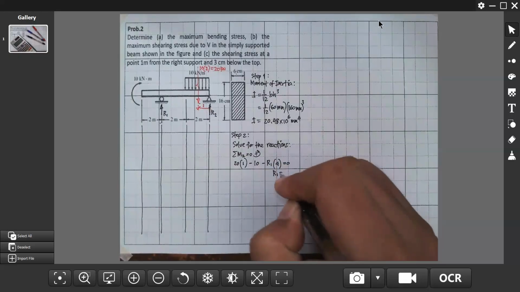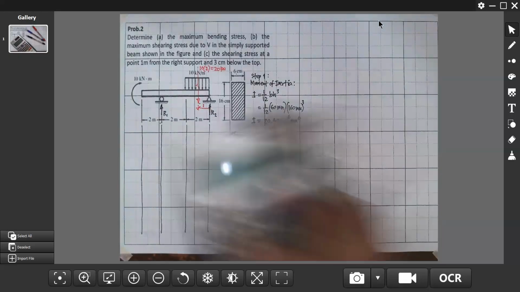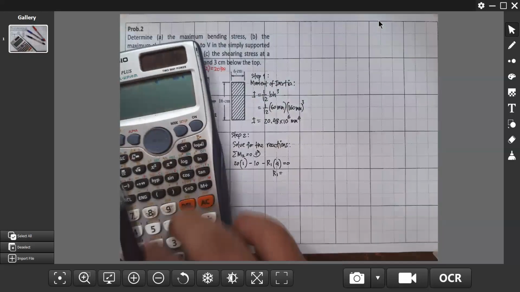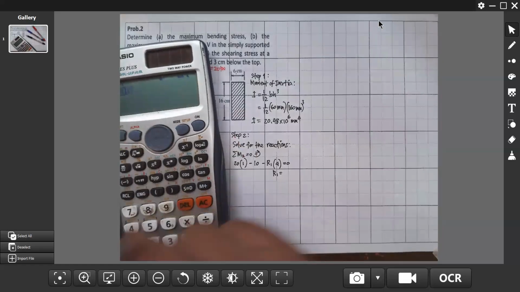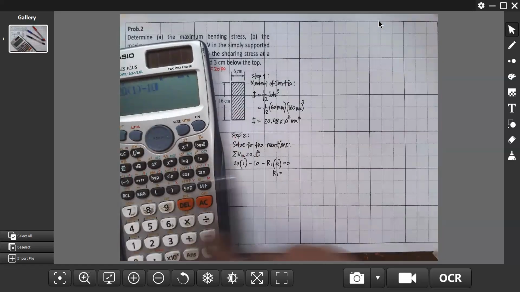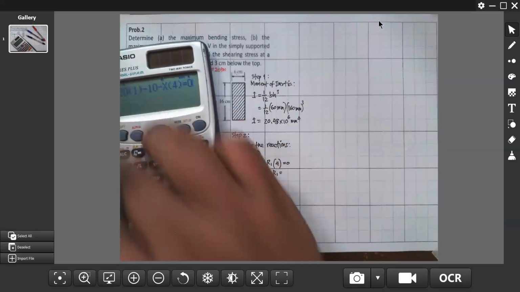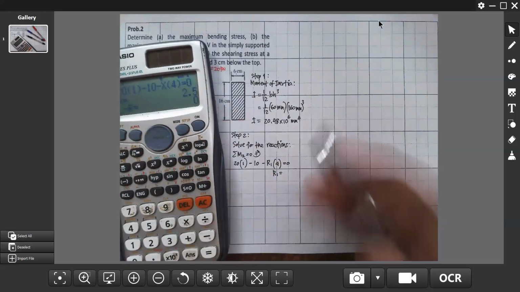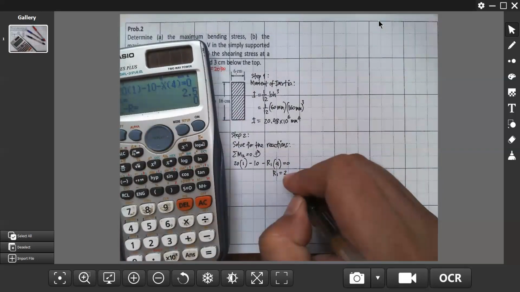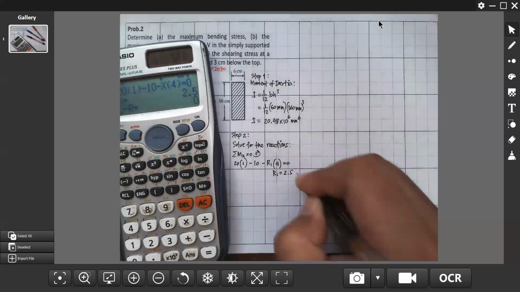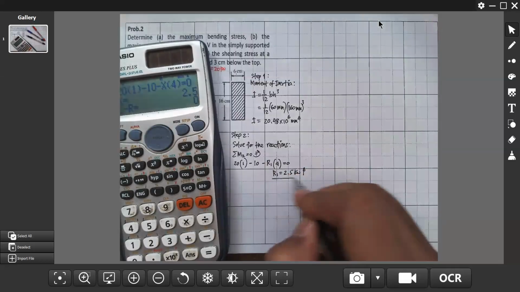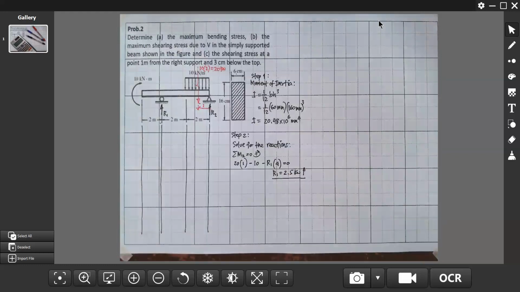So R1 equals 20 times 1 minus 10, divided by 4. Shift solve, 2.5 kilonewtons upward. Okay.